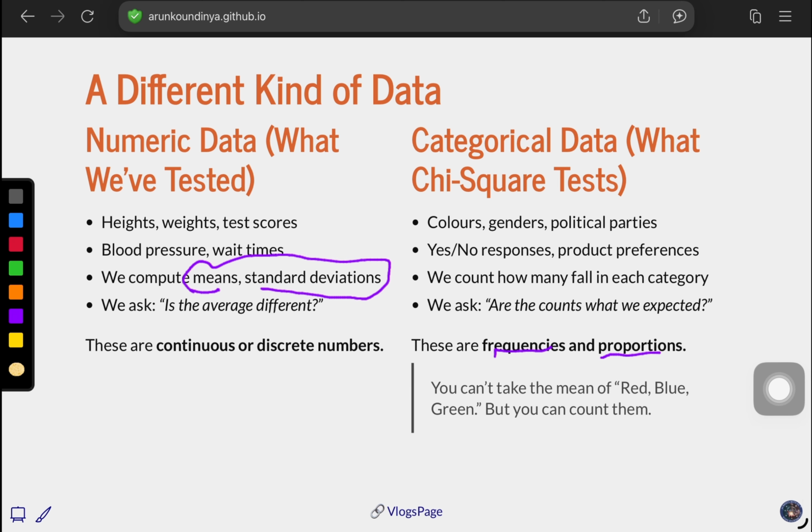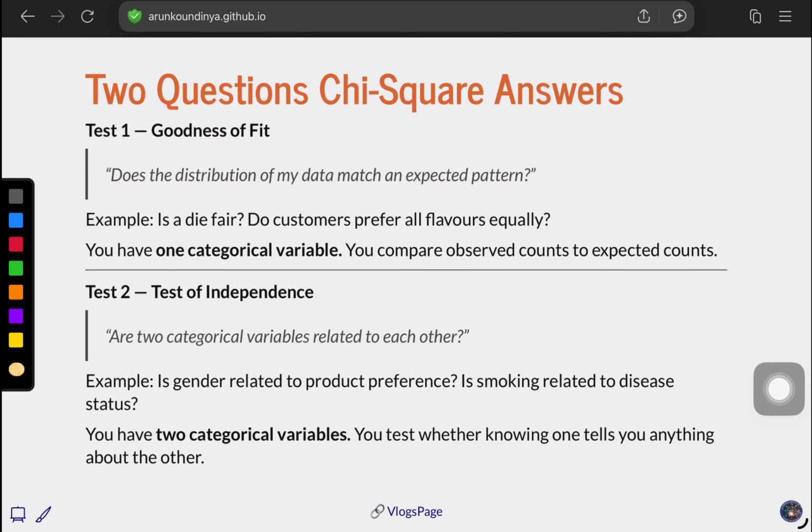In categorical data, there are no means; it is actually the raw data, which is counts and frequencies. How can we apply hypothesis testing to categorical data is what we will see in this episode. Beautiful, right? Now, in general, it is called goodness of fit and test of independence.